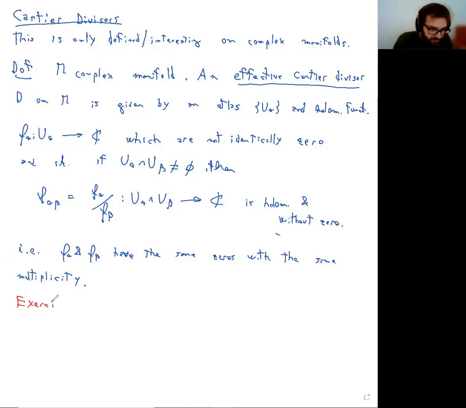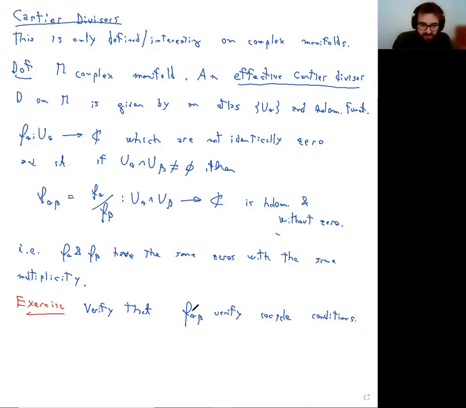And as a very easy exercise, you can verify that these maps verify the cocycle conditions. These f alpha beta are maps into C star, basically because they have no zeros. So you can think of these as maps into GL1, where GL1 is C star.